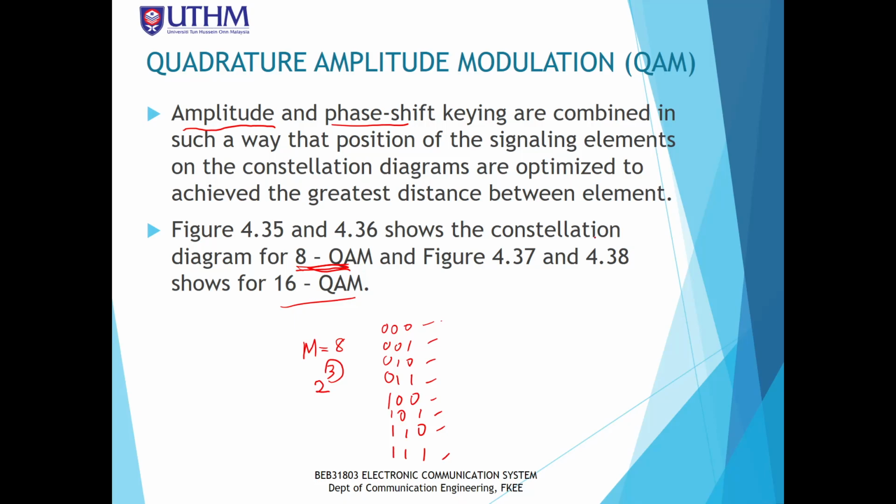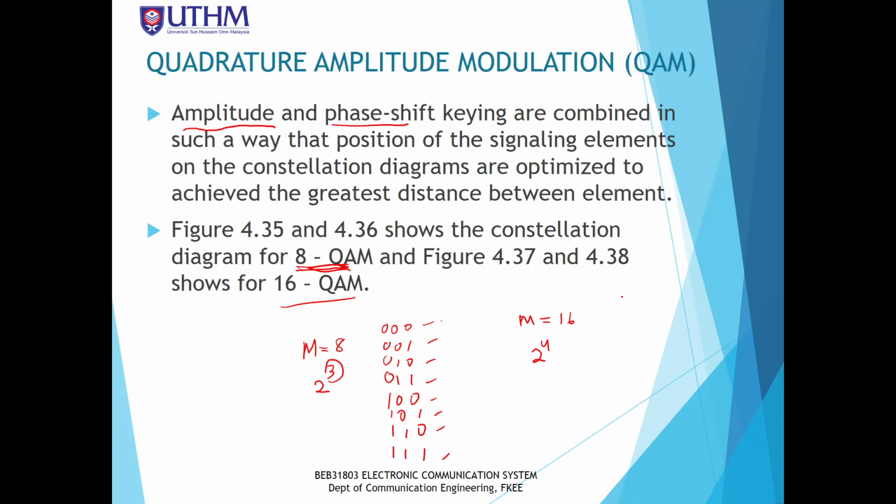So what about 16 QAM? For 16 QAM, M equals 16. That means we are using 4 bits.